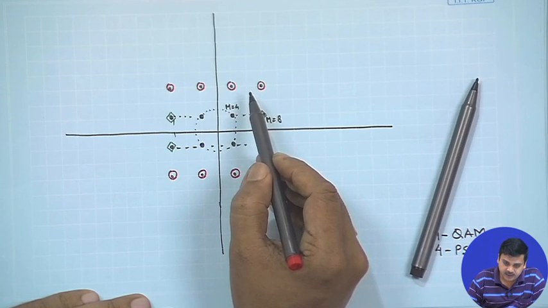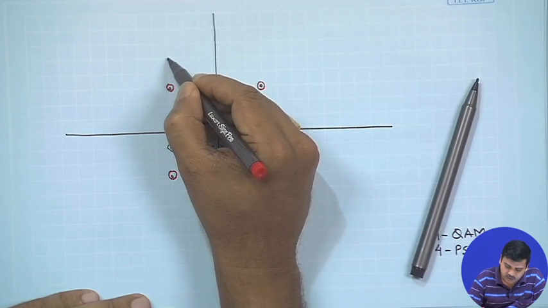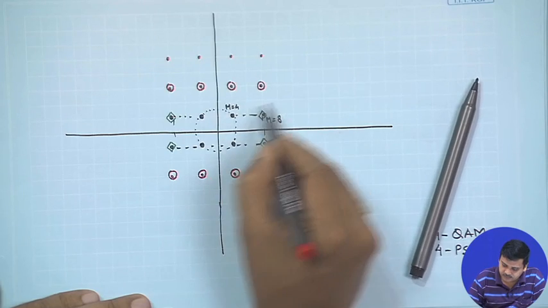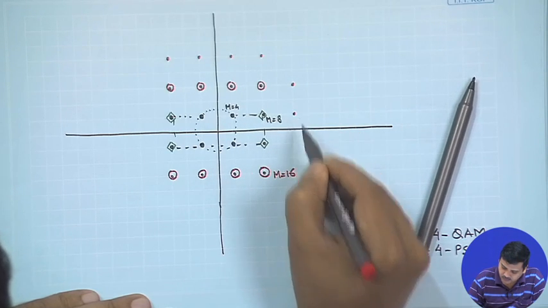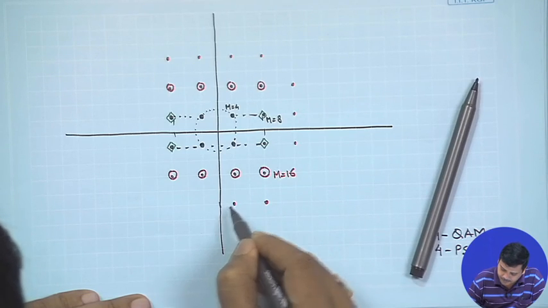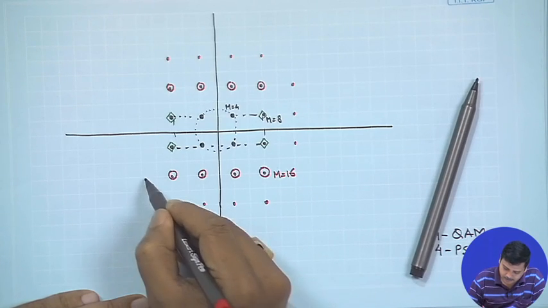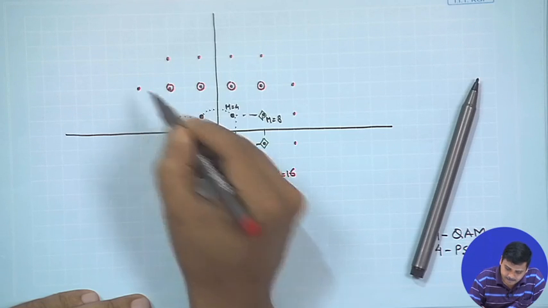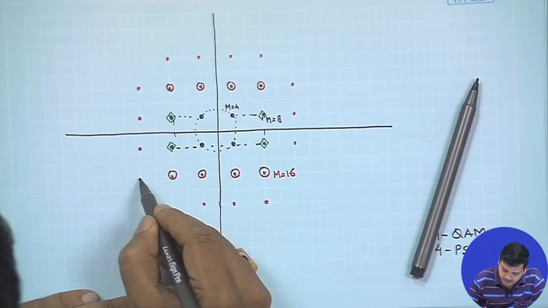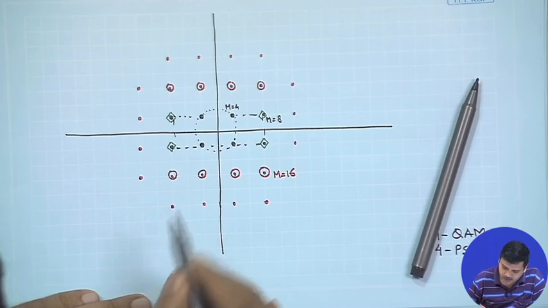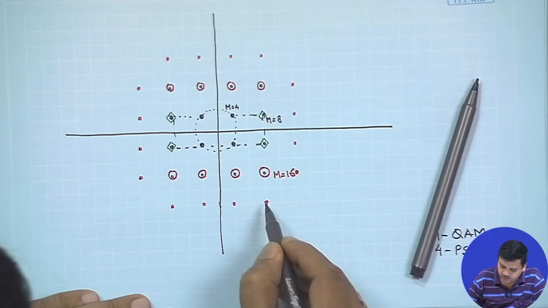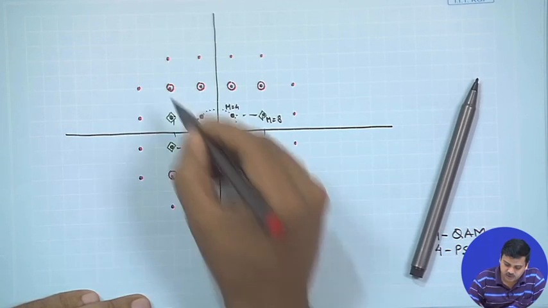Similarly, you could extend this particular constellation to the next level by adding a few more constellations. So, we have added 4, 4, we should add one more here, 4 over here and 4. So, we have added 16 more constellations.